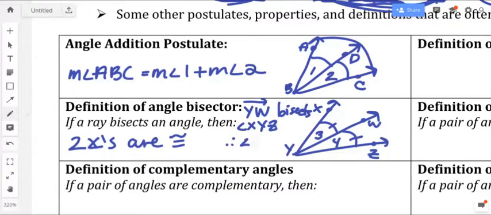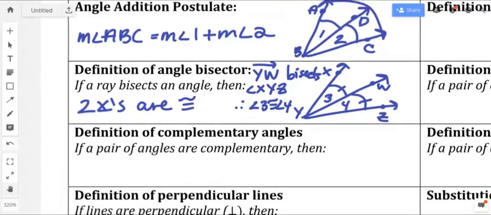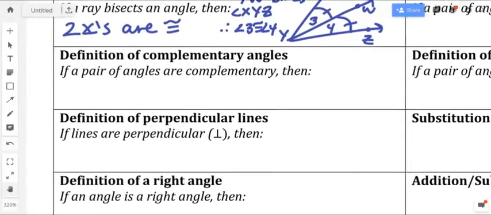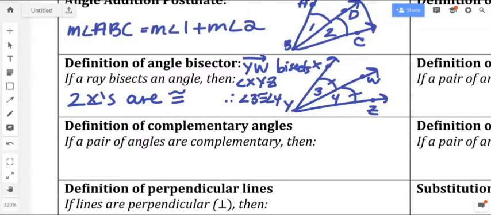Therefore, angle 3 is congruent to angle 4. Those three little dots mean therefore. Okay, so that's angle bisector. Again, you never want to use definition of angle bisector if it doesn't say anything about there being a bisector. Okay, you can't just start making stuff up if you have two angles congruent.